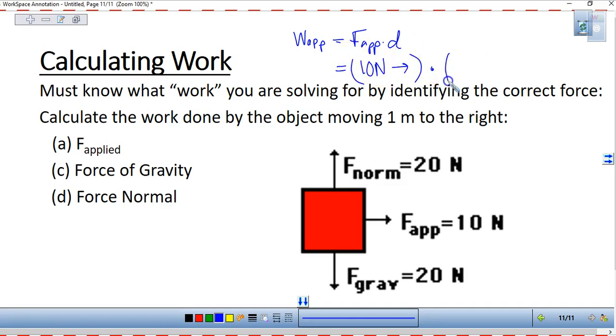Then I'm going to multiply that by the object doing work by moving 1 meter to the right. The reason I'm writing this a little differently with the arrows is because the arrows tell me the sign, if it's positive, negative, or 0. If they go in the same direction, is that positive, negative, or 0? Positive. The answer is positive 10 joules of work, and this is specifically from the applied force.